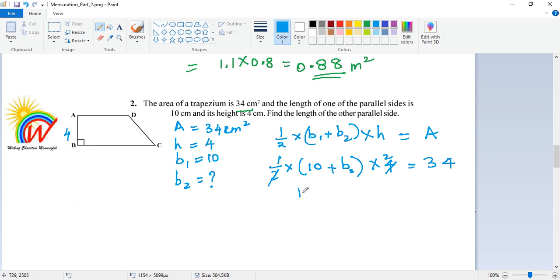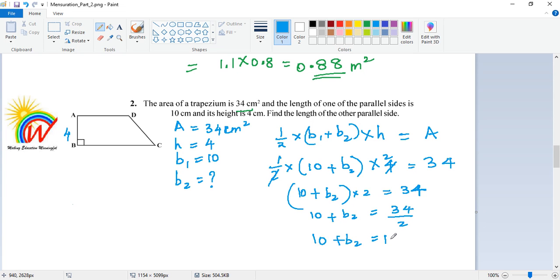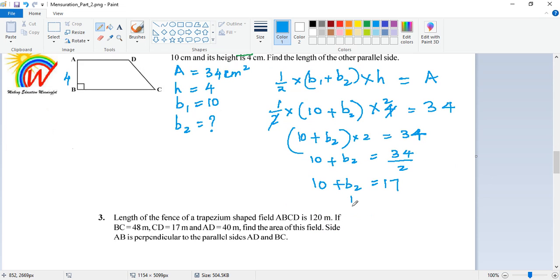So I have 10 plus B2 into 2 is equal to 34. Okay. I can move the 2 to the other side, right? So when I move the 2 to the other side, I will get 34 divided by 2, which is actually 17. Okay. Now I need to find the B2. It's going to be 17 minus 10, which is 7 centimeter.